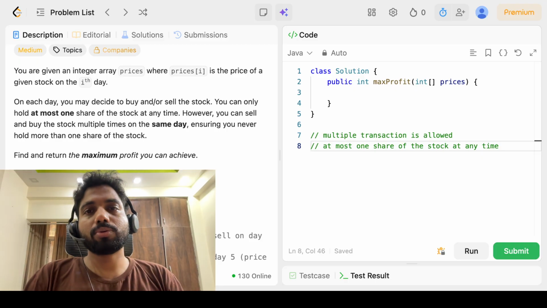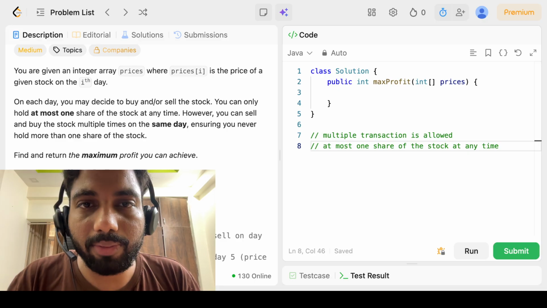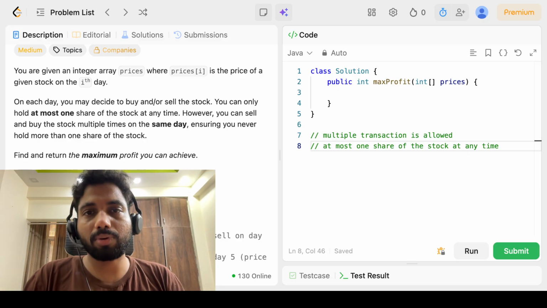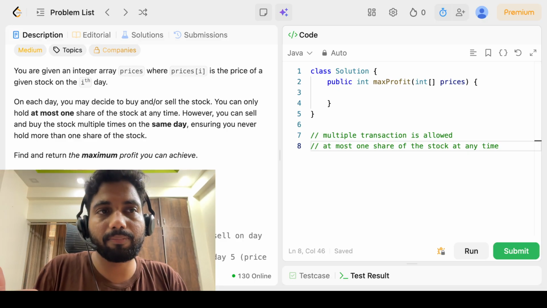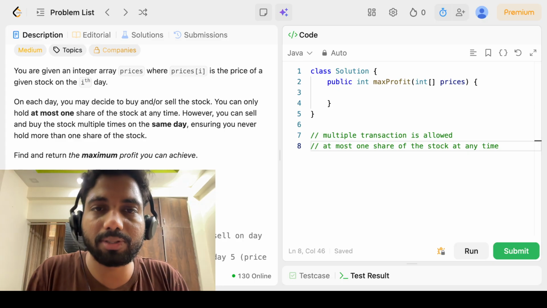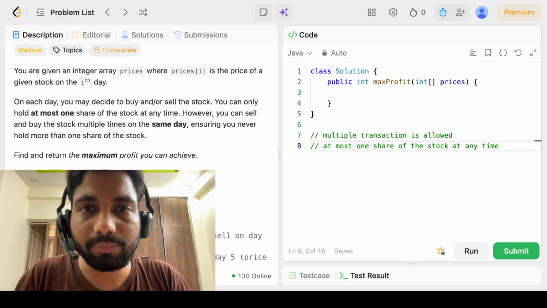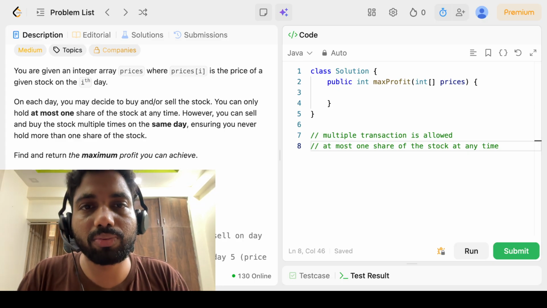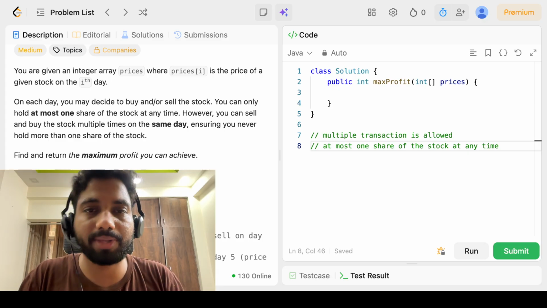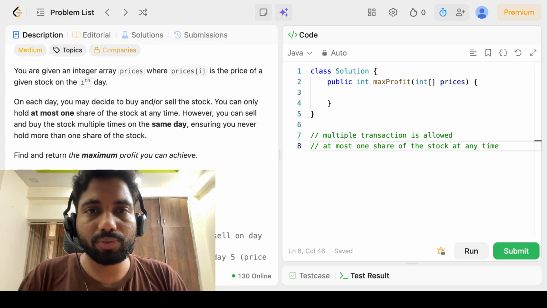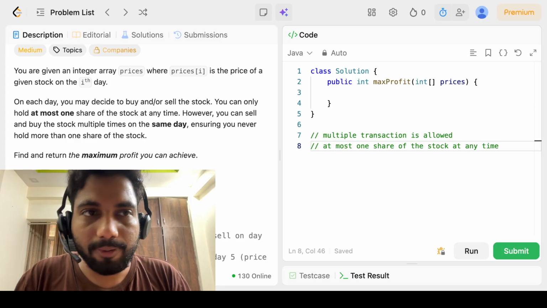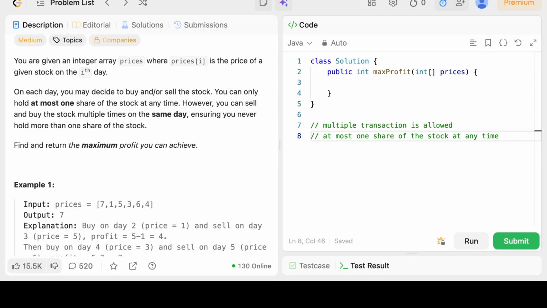So all these variants of this problem are related to each other. Once you get this problem, you can solve any of them.